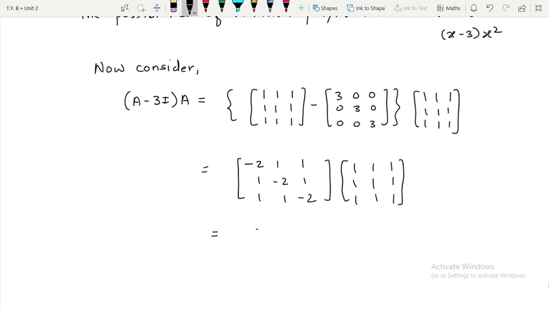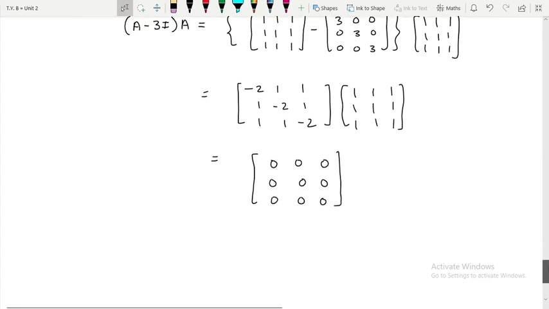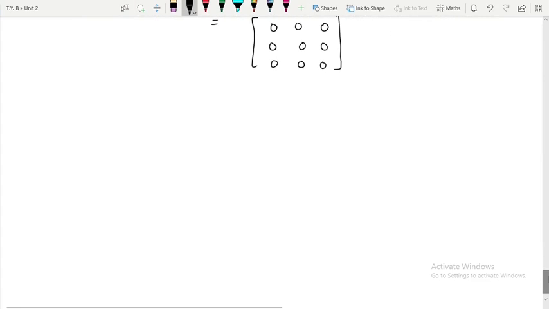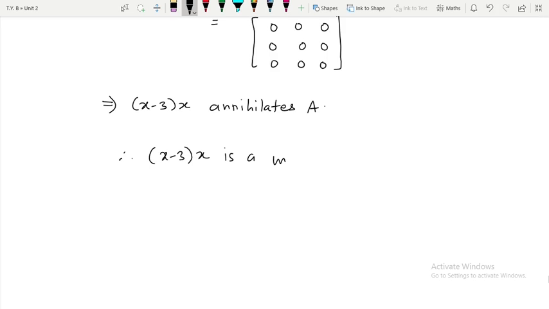So if you go for it, this will be equal to 0. So this is also going to be 0 if we go for the calculations. Yes, so in this case the minimal polynomial is x minus 3 multiplied by x. So this implies x minus 3 multiplied by x annihilates A, and therefore it is the minimal polynomial.